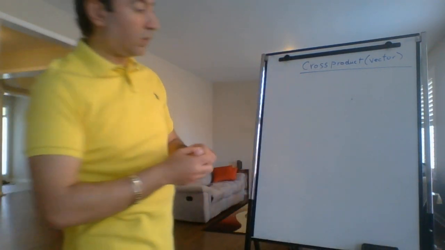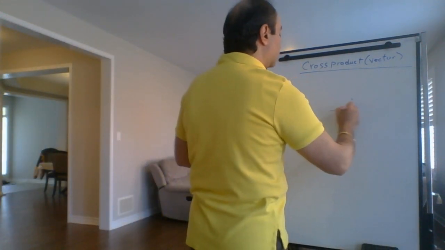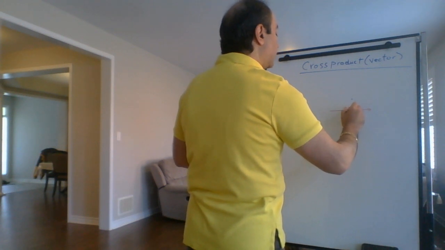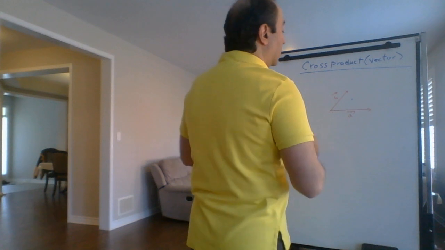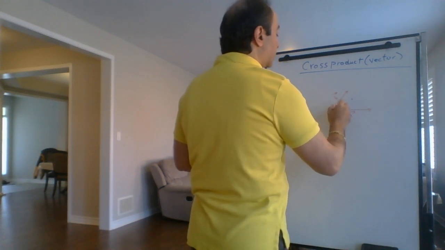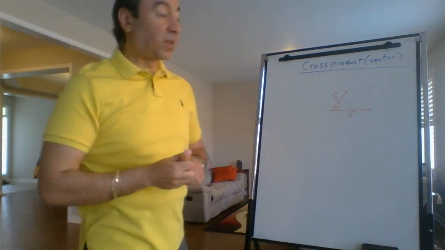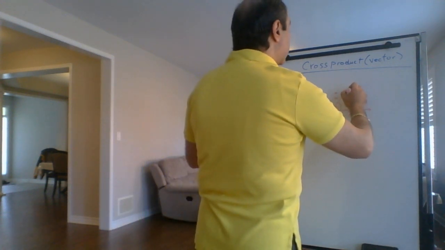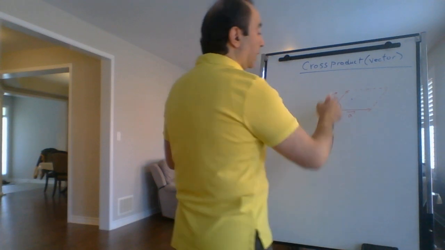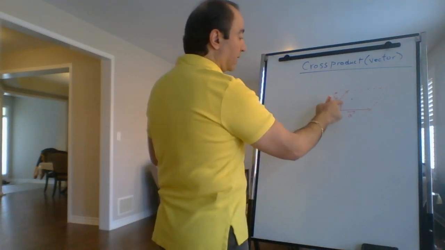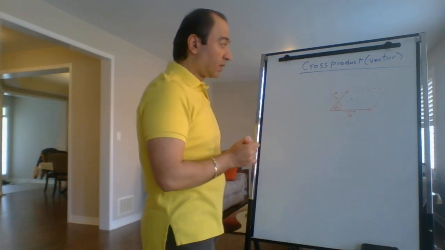Let's say we have vector A and vector B that are adjacent sides of a parallelogram. So this is a parallelogram. A and B are adjacent sides. The angle between them is theta.